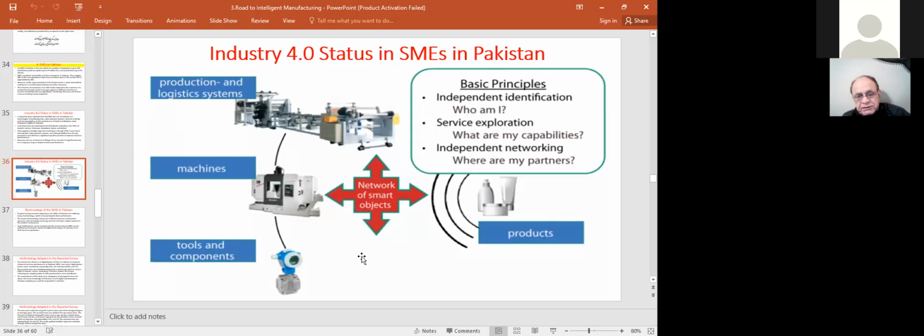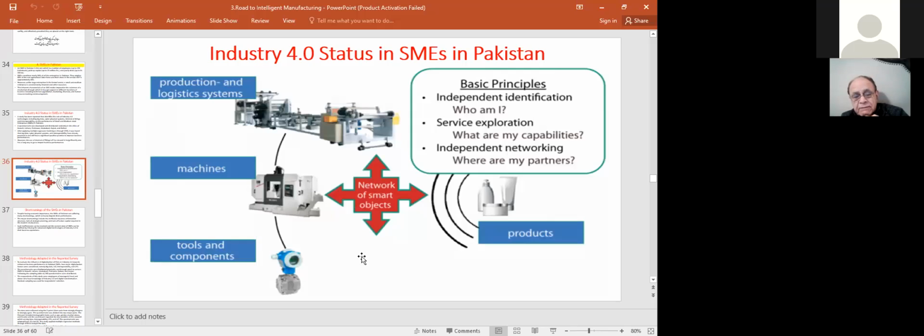So in this chart, as you see, this is a manufacturing unit. The small to medium enterprises need to understand what they are supposed to do, what their capabilities and deficiencies are, and to what extent they can make use of networking that could be available to them.